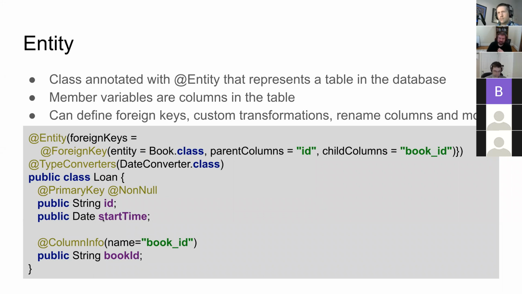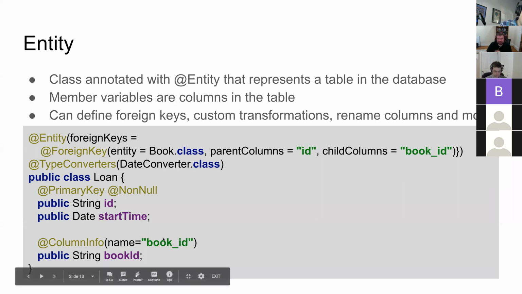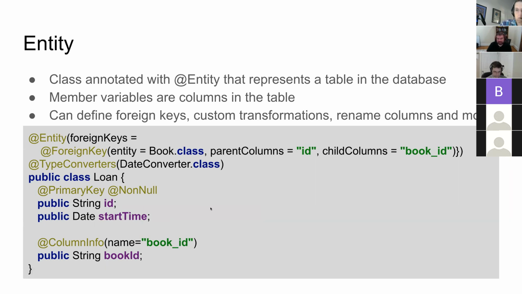We'll talk a little bit about that. There's not really a date type most of the time. Actually, I don't really know how SQLite stores dates except as a long. So you pass it this date converter class that does the conversion.